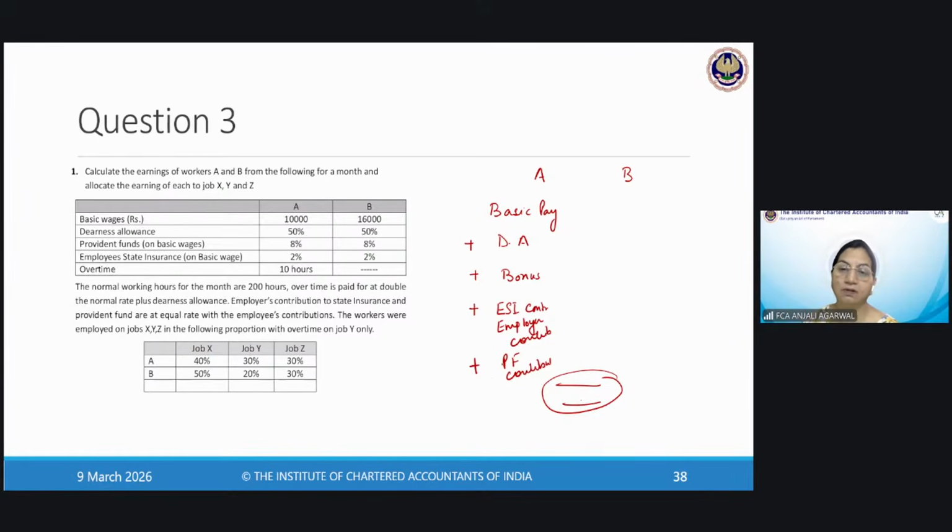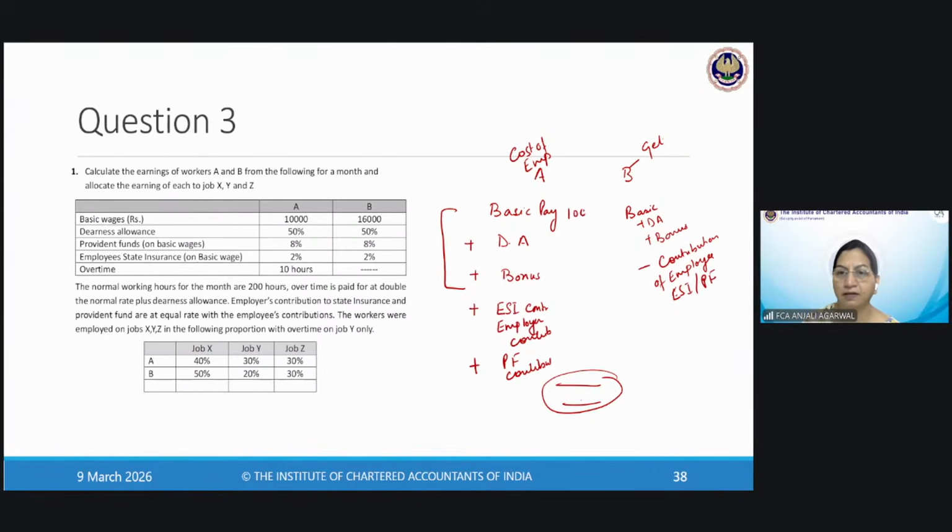However, when he receives the salary, this is not what he will get. So he will get only these three: basic, DA and bonus. What he gets is basic plus DA plus bonus, and maybe he himself is also making some contributions. So the contribution of the employee towards ESI or PF will be further deducted.